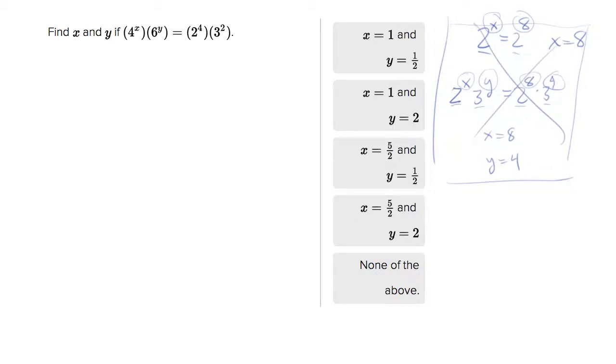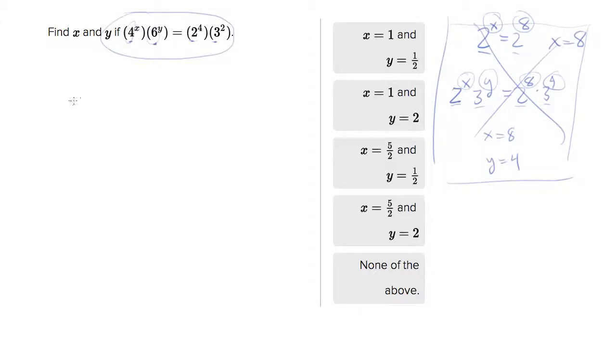But you can see in this problem now, coming back to it, what they've given us, and what we're going to need to do is figure out how we can find a common base that we can do here. So we want 2's and 3's, right? And we have 4's and 6's. Let's use our exponent rules to change these bases into 2's and 3's and see what we get.